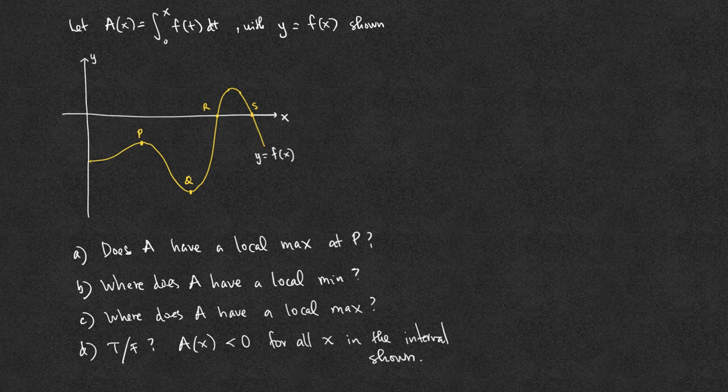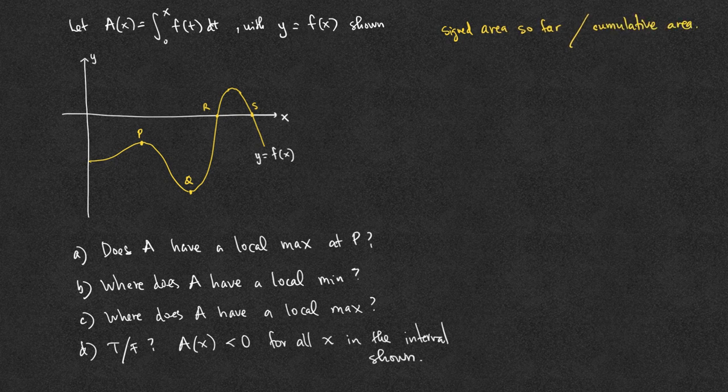For part A, does the function A have a local maximum at P? To answer this question, we want to know whether the function A reached its peak at P. This function is known as the area, or the net or signed area so far. It is also known as the cumulative area function.